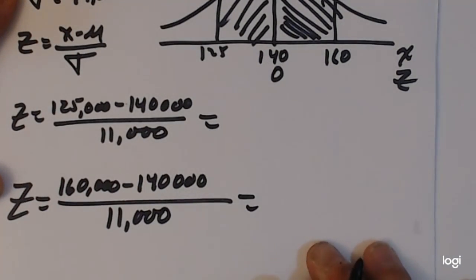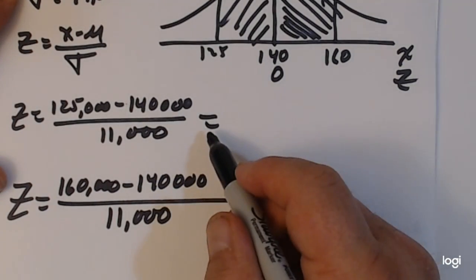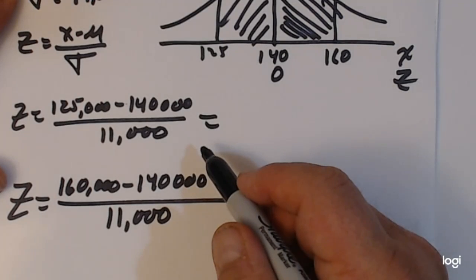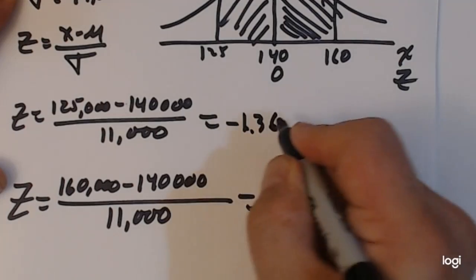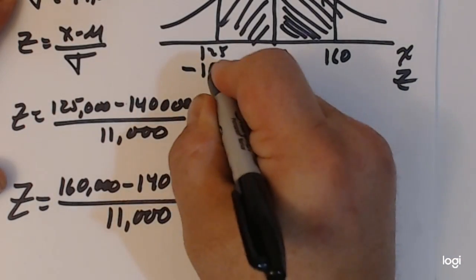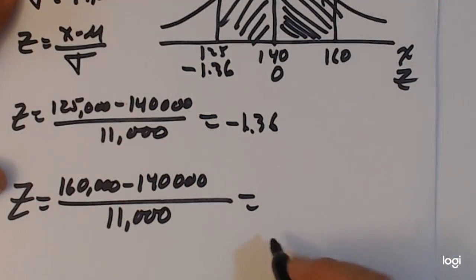Okay. So the 125, I have these worked out, is negative 1.36. And the 160,000 is 1.82.